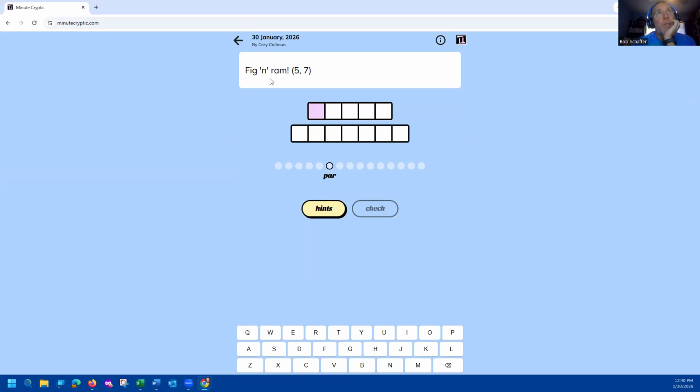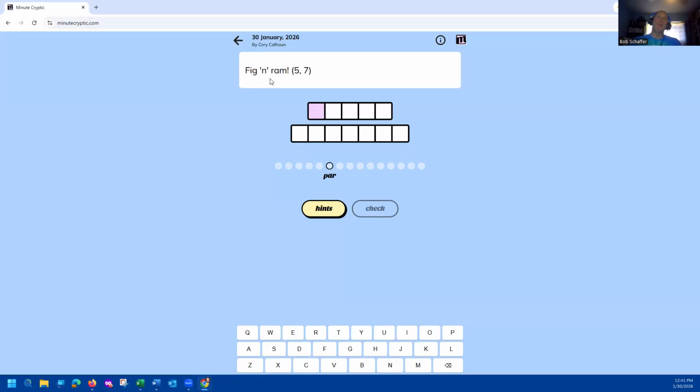So we somehow interpret fig in ram to mean something that has the 5 letter, 7 letter pattern. And we cryptically do something with fig in ram to make the 12 letter word that means fig and ram.